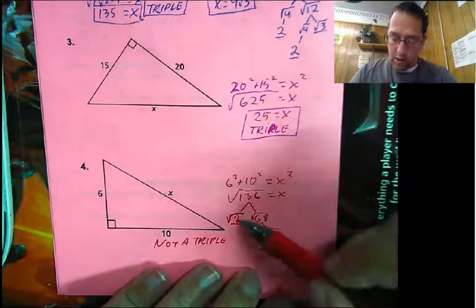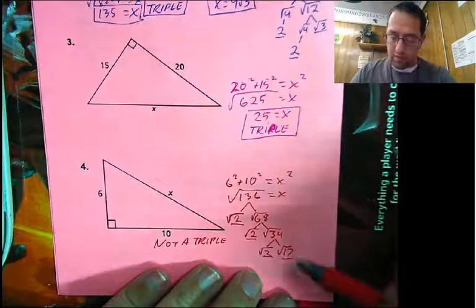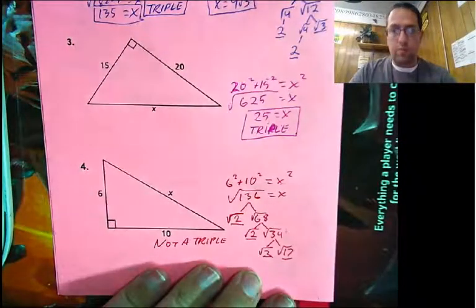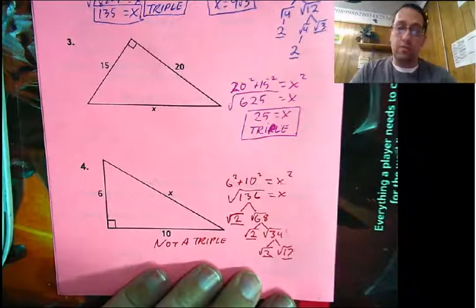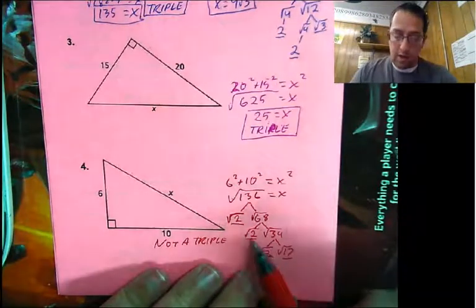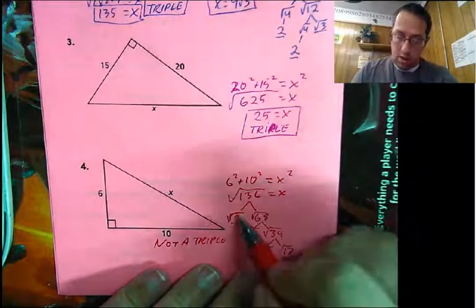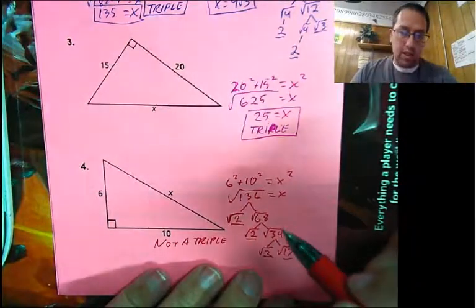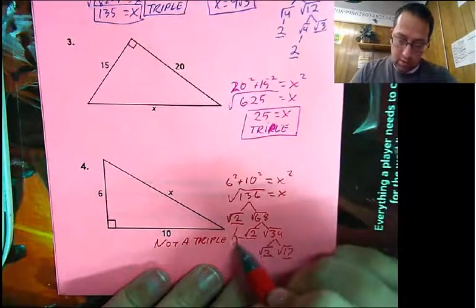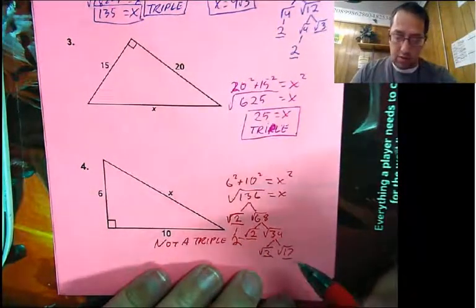So we end up with square root of 2, square root of 2, square root of 2, and the square root of 17. And remember, when we did this before, we were looking for pairs and perfect squares. Well, we didn't find any perfect squares, but we do have a pair of 2's. And the square root of 2 times the square root of 2 is 2. So these 2's come together as just 2 outside of the square root.